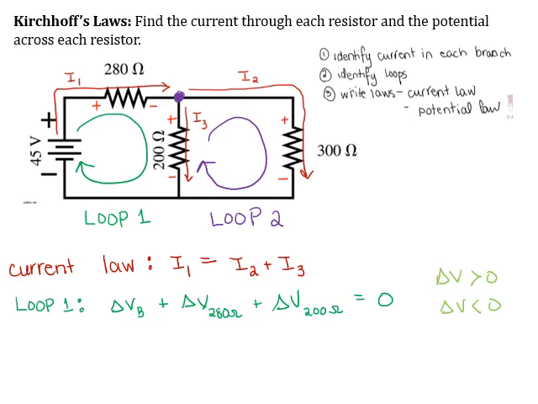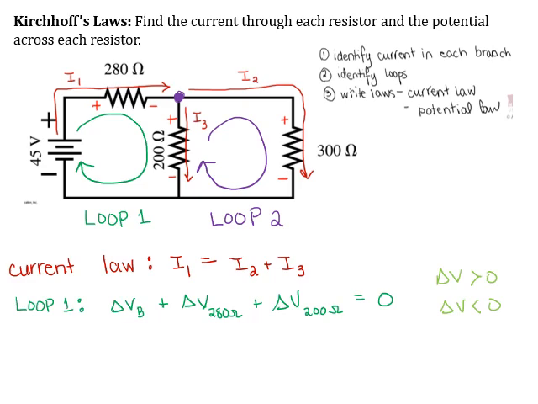So anytime we go from negative to positive, that's an increase in potential. Anytime we go from positive to negative, that's a decrease in potential. In general, our batteries have positive potential and our resistors have negative potential, but you have to be super careful because it depends on the direction or the orientation of your loop.